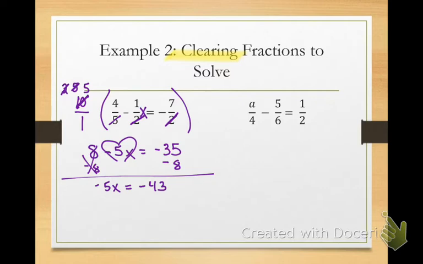Okay? What is going to be our last step now? Divide both sides by negative 5. And it's going to be x equals 8.6. I believe it's 8.6. 5 goes into 43, 8 times with 3 left over. Yeah, it's 8.6.